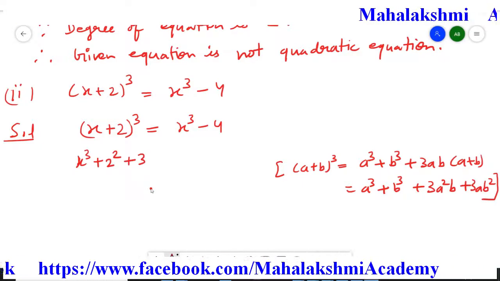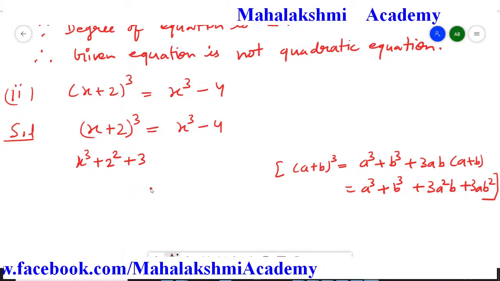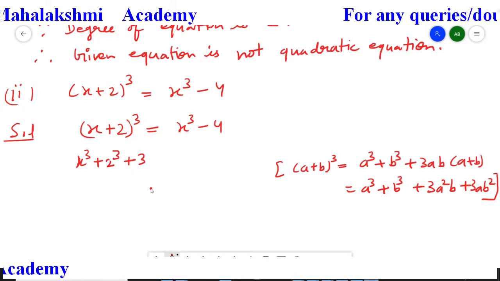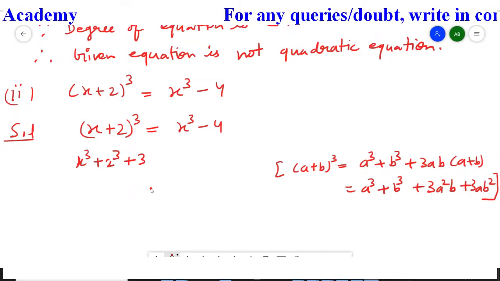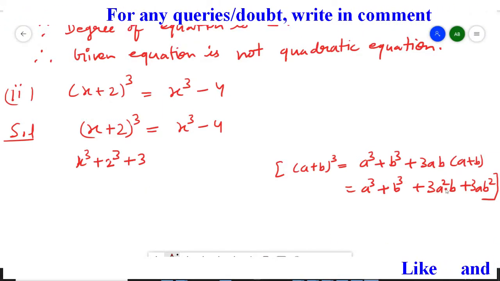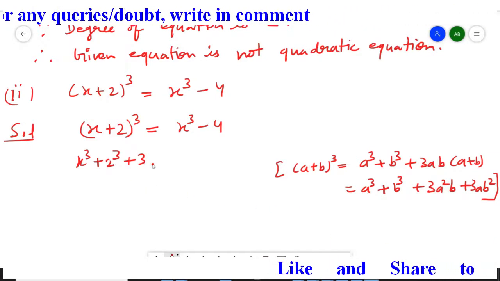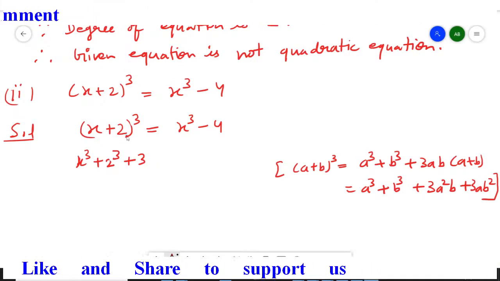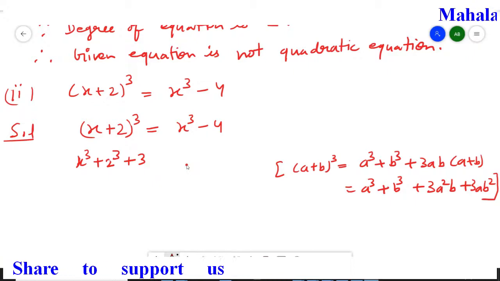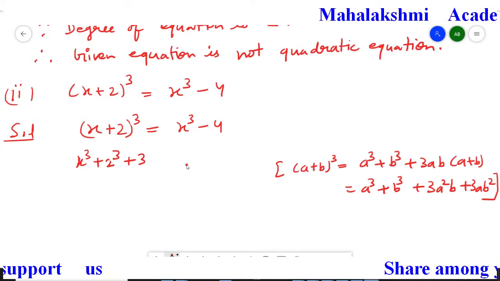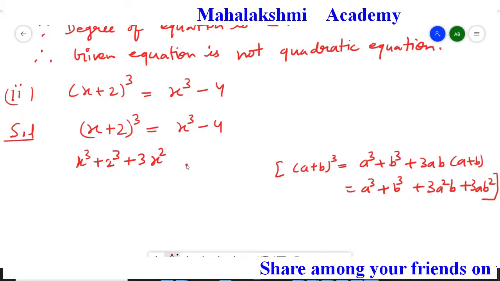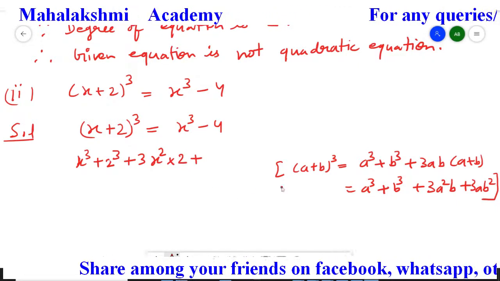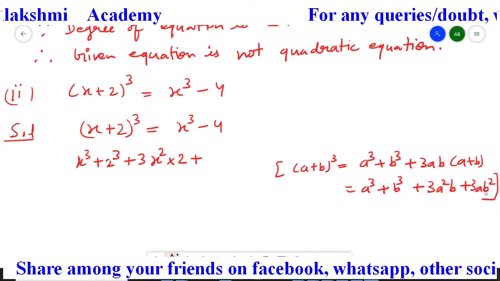Now here again it's going to be 2 cube students. So x cube plus 2 cube plus, now here what we have 3a square b. So here I am going to write down 3a square. So a square is what? x. So we will get here 3x square multiplied by 2, plus, then next what we have 3ab square.